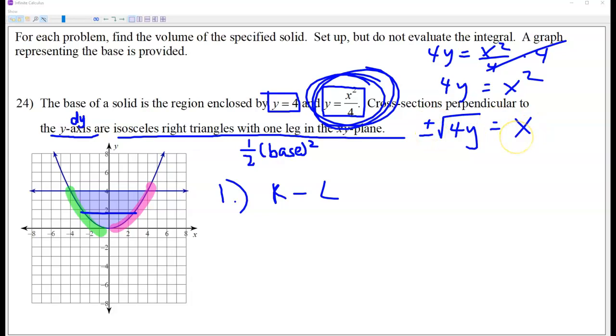As we've mentioned before, the positive one is the right side of the curve. I'll highlight that with pink. And then the negative one is the left side of the curve. So in this case then, right is radical 4y minus a negative radical 4y.